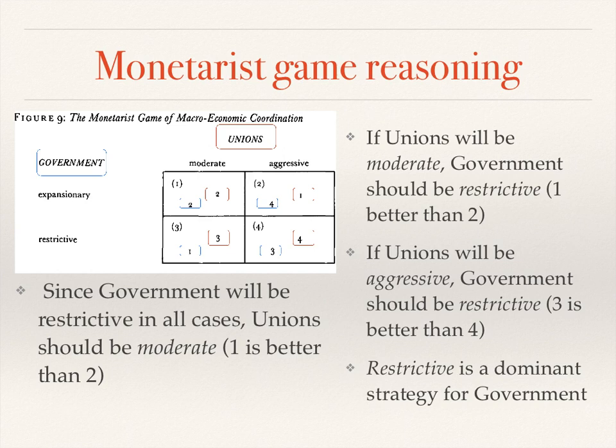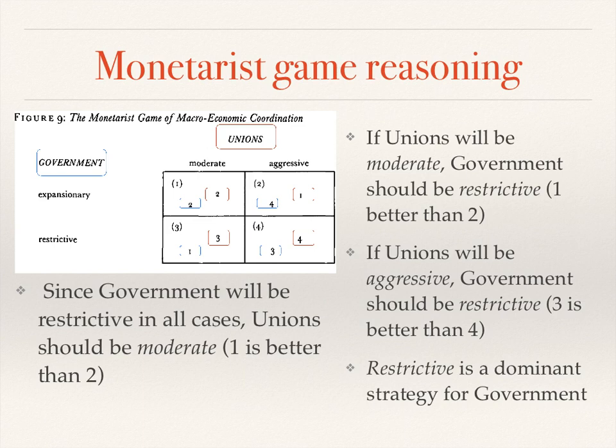So that means that to be restrictive is a dominant strategy for government. It's going to pick it if the unions are moderate. It's going to pick it if the unions are aggressive. And since the government will be restrictive in all cases, the unions should be moderate. Why should the unions be moderate in all cases? Because they know the government is going to be restrictive no matter what.